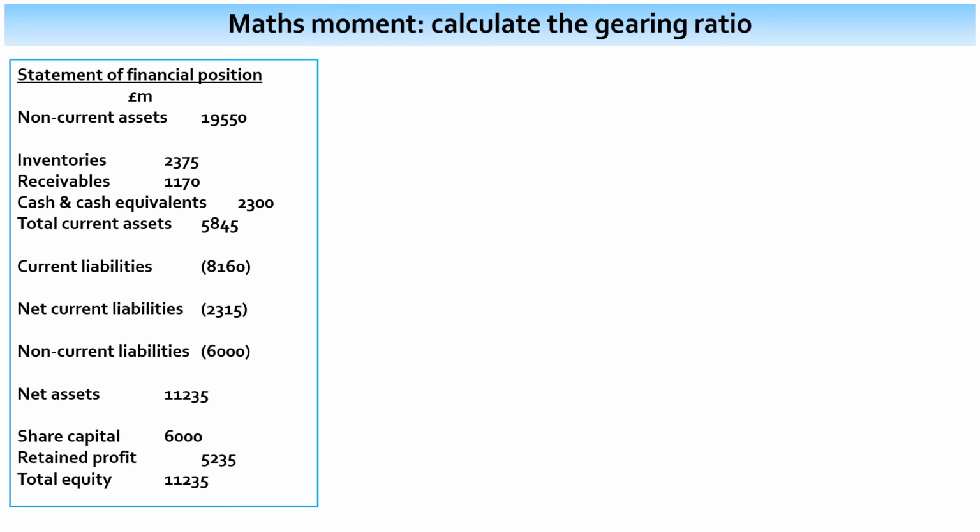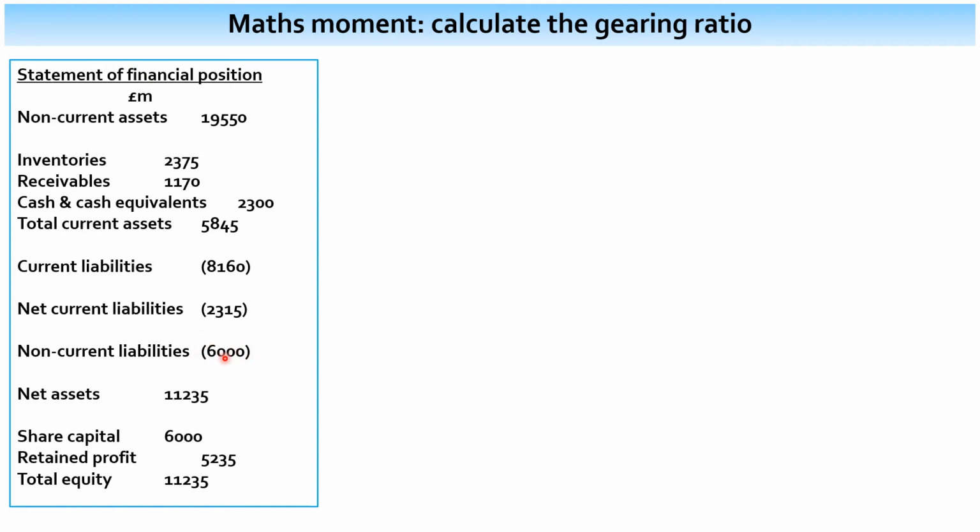So here's our maths moment. If you were to be asked to calculate the gearing ratio for this particular business, we can see here an extract of statement of financial position. We need to remember the formula is non-current liabilities divided by capital employed times 100. So where are our non-current liabilities? They're 6,000, and for the purposes of this we ignore the minuses.